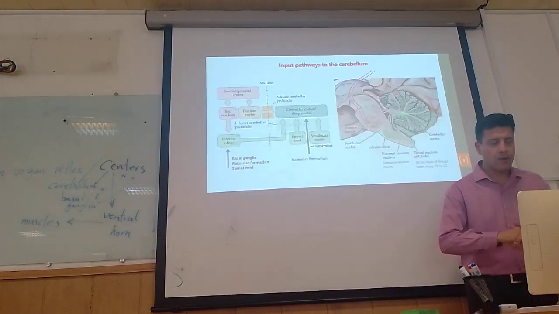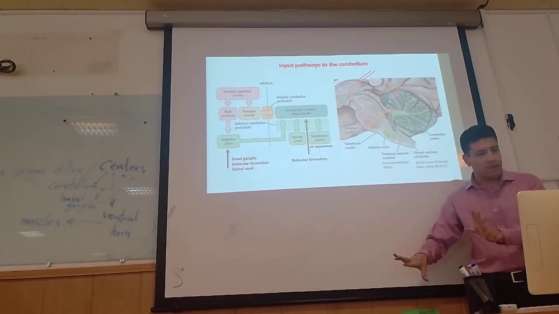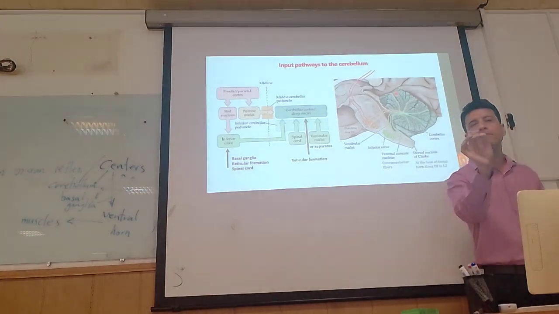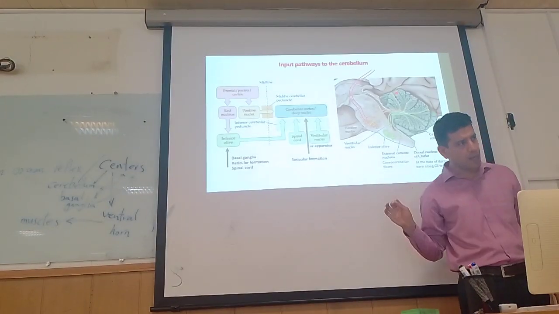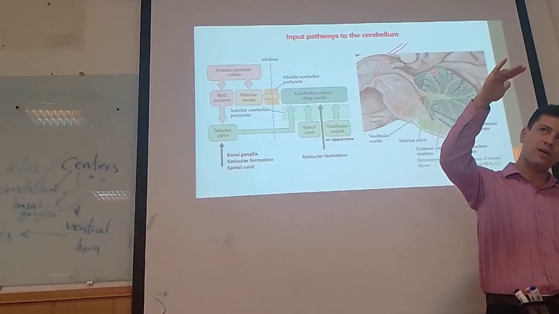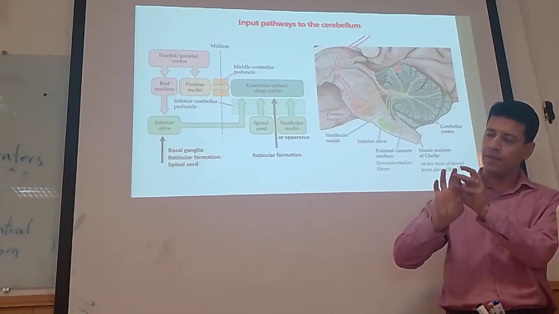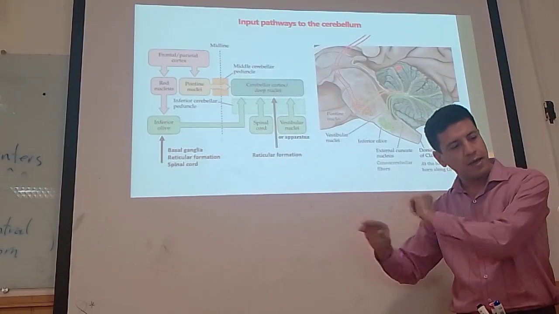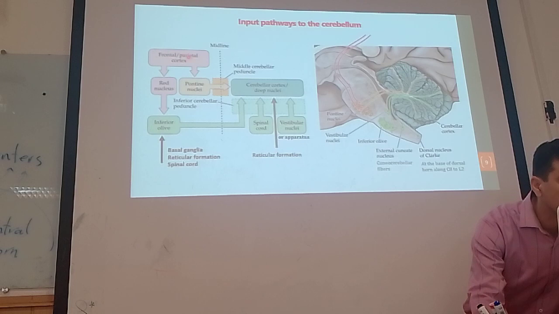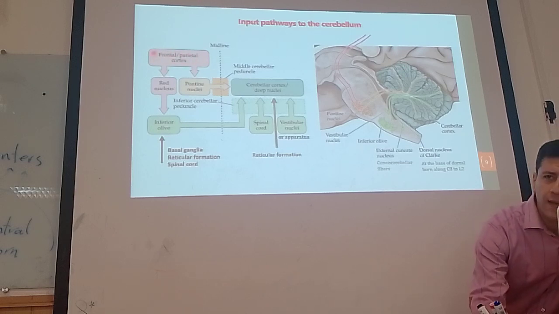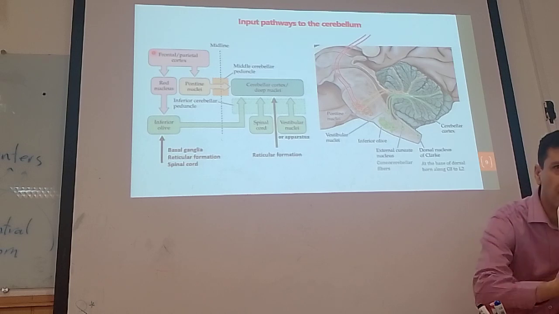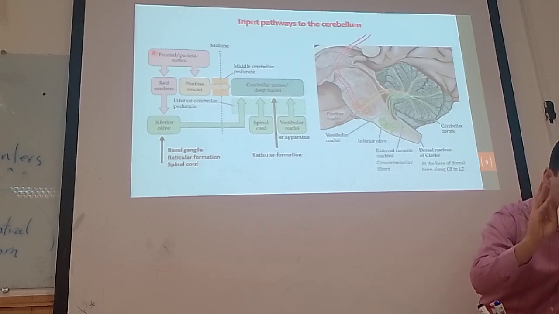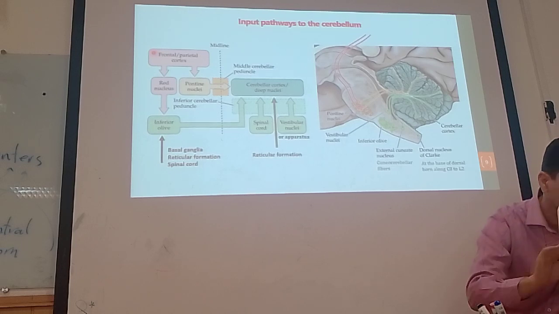Okay, so now let's see the input pathways to the cerebellum. You know that the main input to the cerebellum is coming from the cortex. Each area of the map is connected with a special area in the cerebellum. So, let's see them. Fibers from the frontal cortex: M1, PM, SMA. Remember? Primary motor, premotor, supplementary motor.